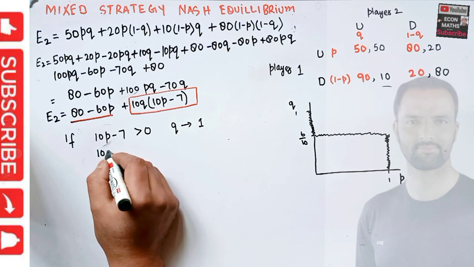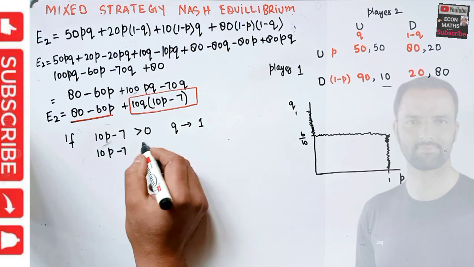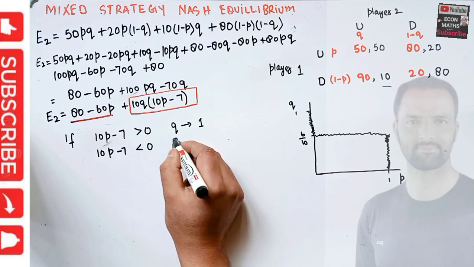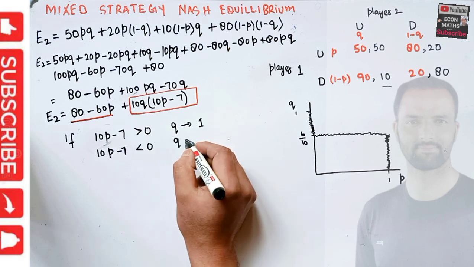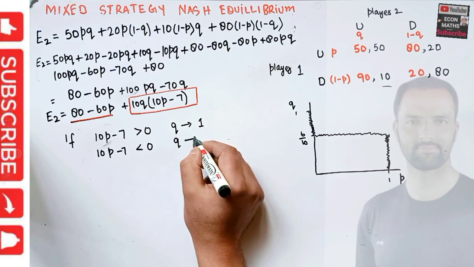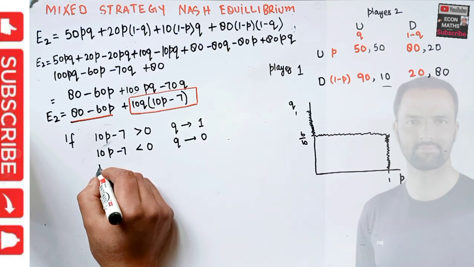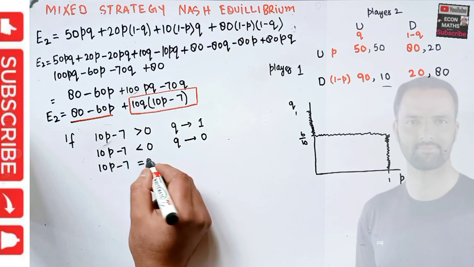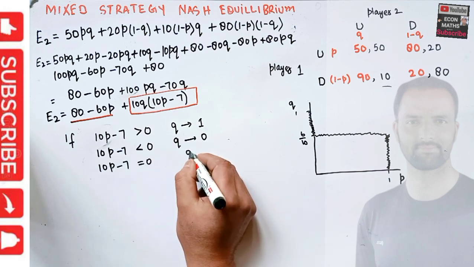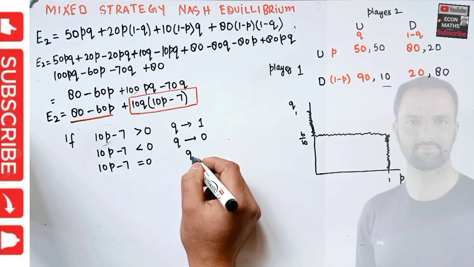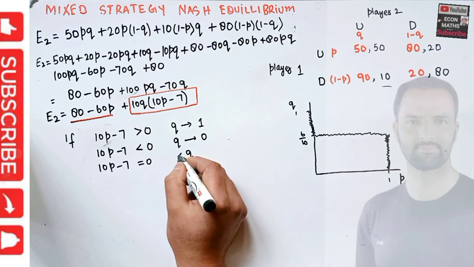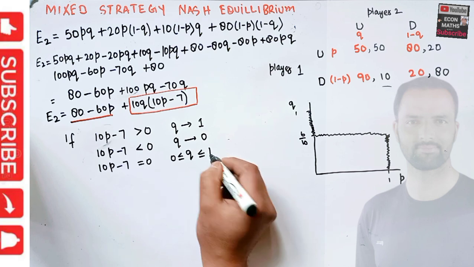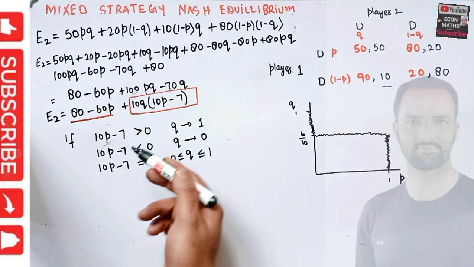Similarly, if 10P minus 7 comes out to be less than 0, then obviously player 2 will choose Q with probability 0. And if 10P minus 7 is equal to 0, then in this case he will be indifferent with Q, 0 and 1.